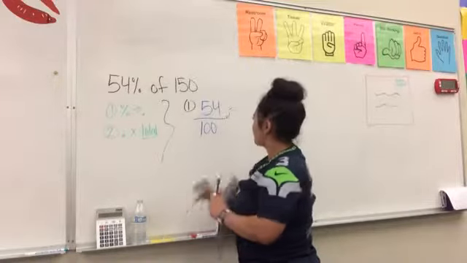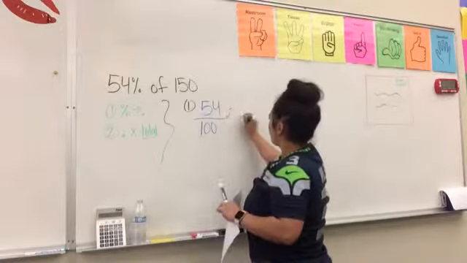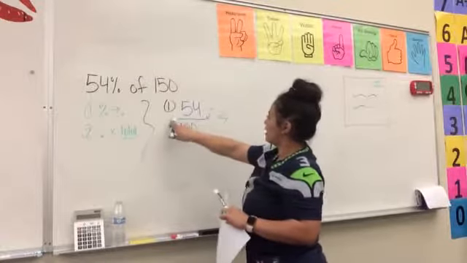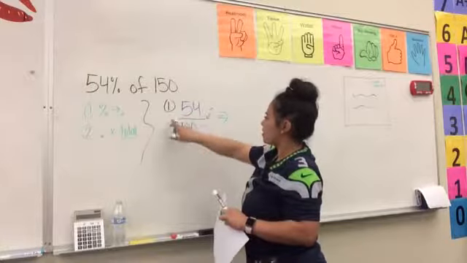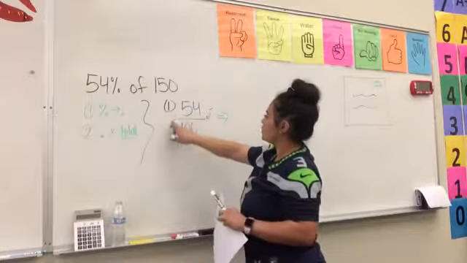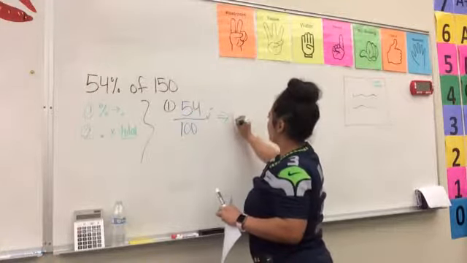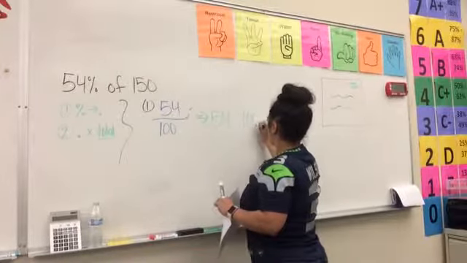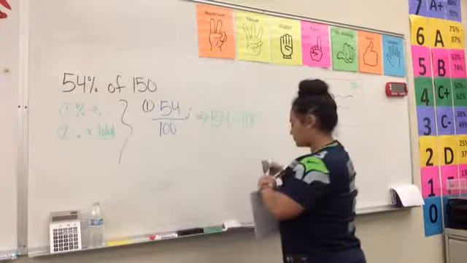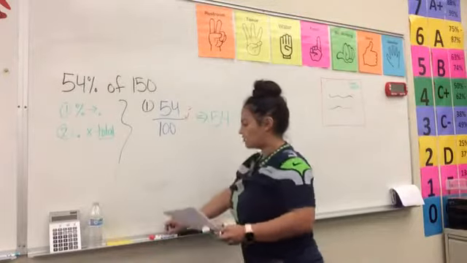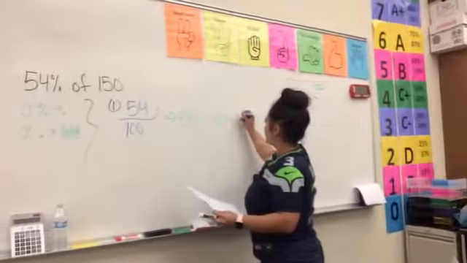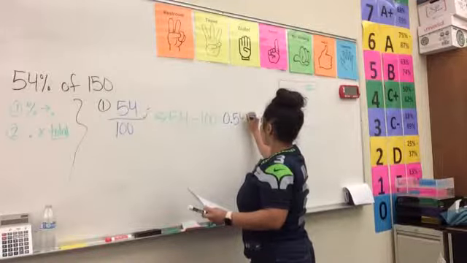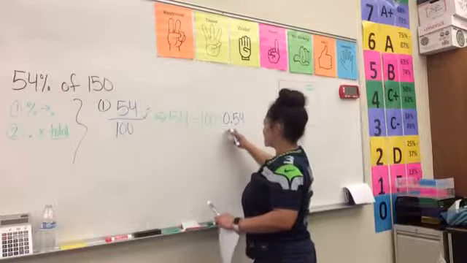So in my calculator, I am going to put 54 divided by 100. We read it from top to bottom. 54 divided by 100. When I do the math, I get 0.54 or 54 hundredths.